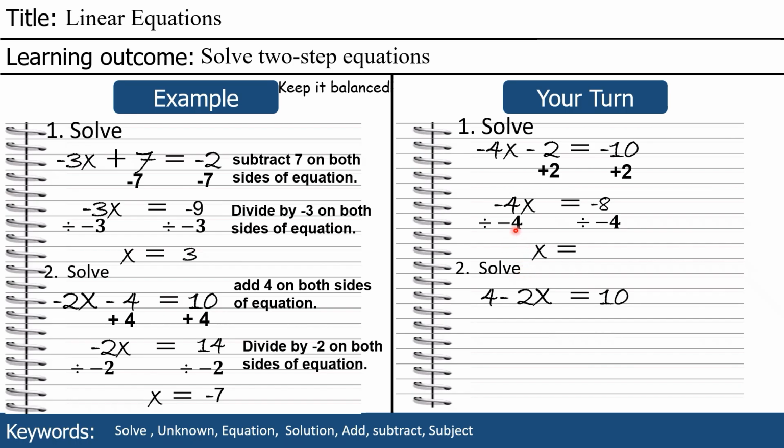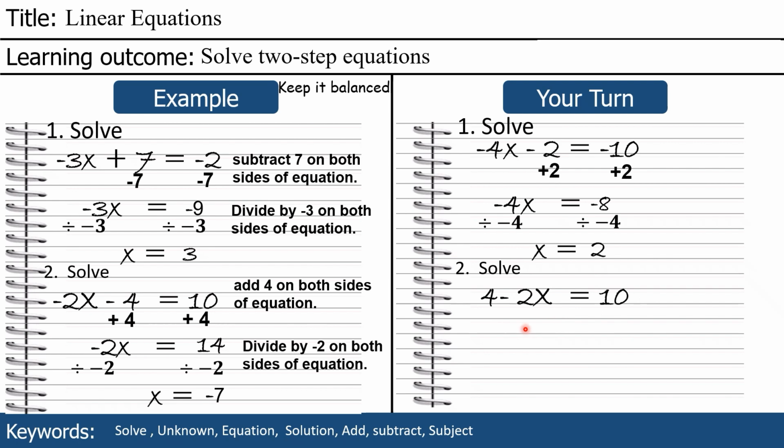So now we have x equals negative 8 divided by negative 4, which is positive 2. And remember, negative 8 divided by negative 4 is positive, as a negative divided by a negative will give you a positive.